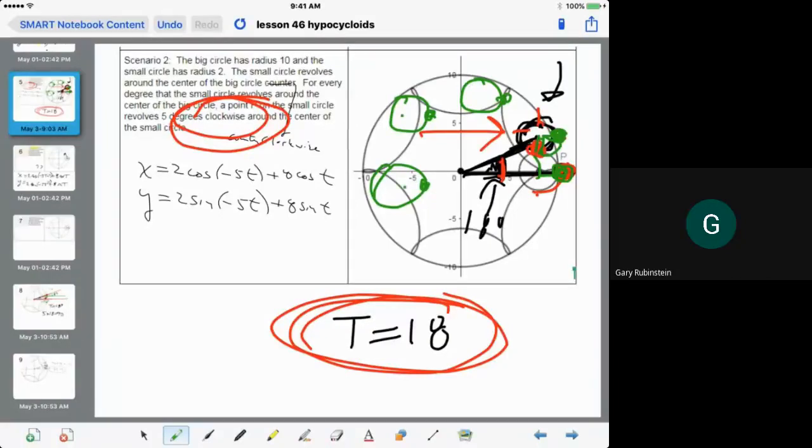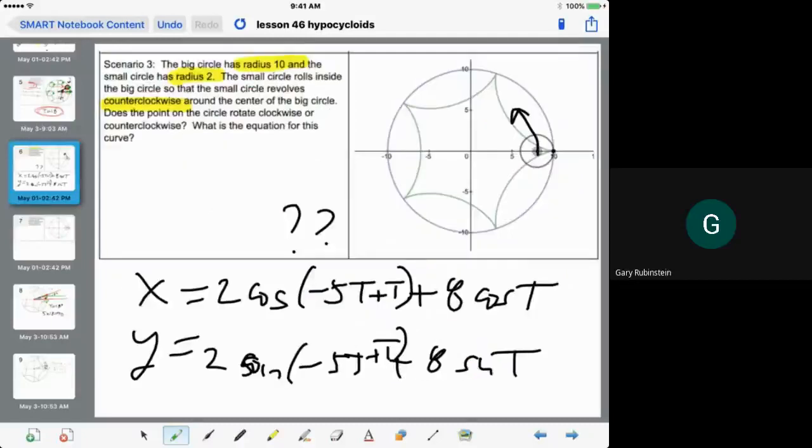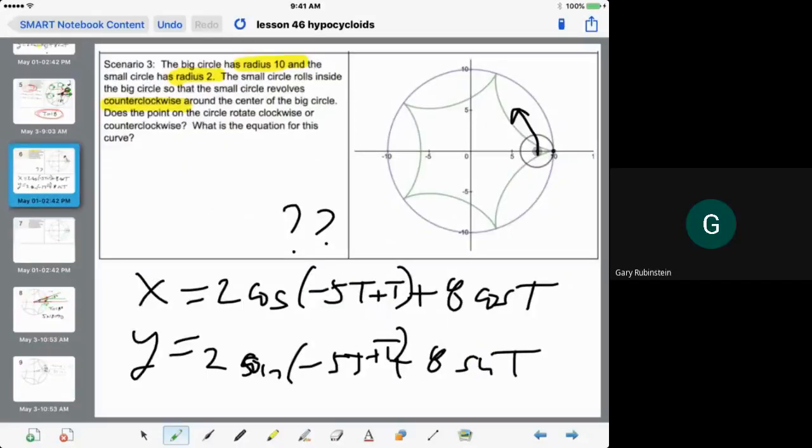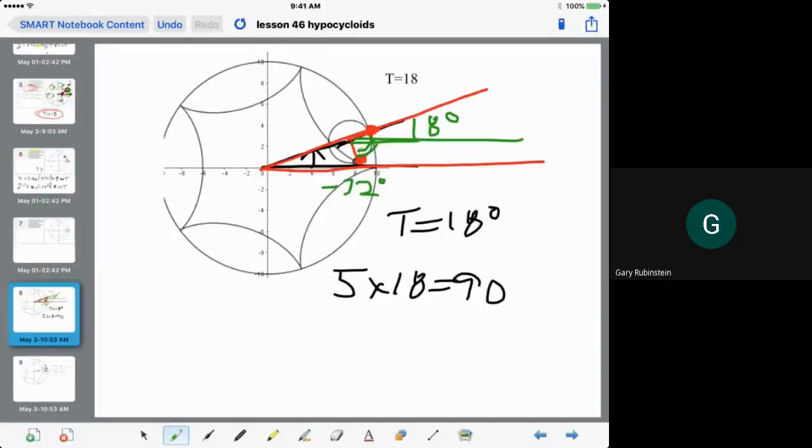But when it is rolling, that green point changes. The point that was over here ends up always sort of tangent to the circle. And that's the main difference. That's where the plus t comes from, because the angle on the circle is always in relation to the horizontal line.